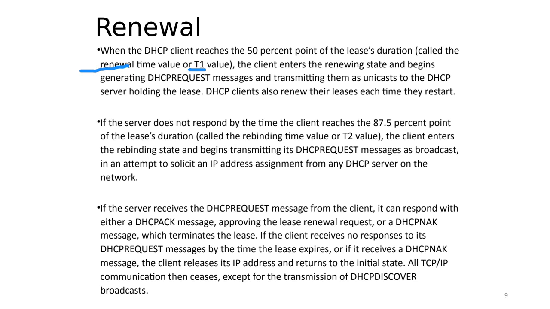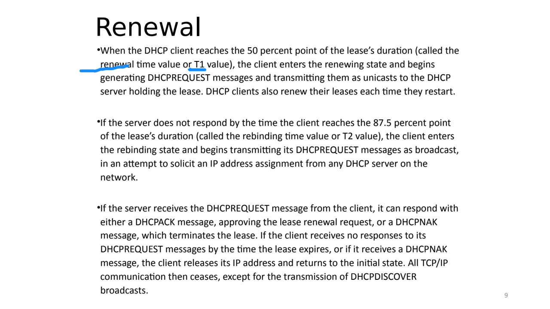If the server receives a DHCP request message from a client, it can respond with either an acknowledge to approve the lease or a negative acknowledge, which terminates the lease.